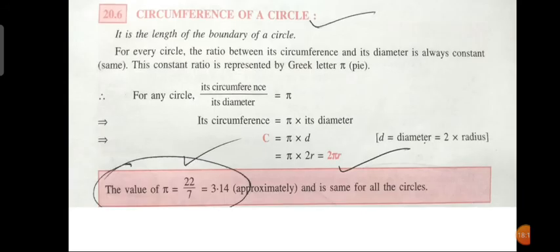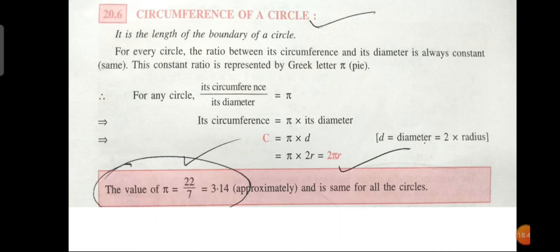Circumference of a circle or perimeter of a circle. Okay, so in a circle, perimeter becomes circumference. It is the length of the boundary of a circle. That is, circumference of a circle is pi into its diameter, that is pi into 2r.